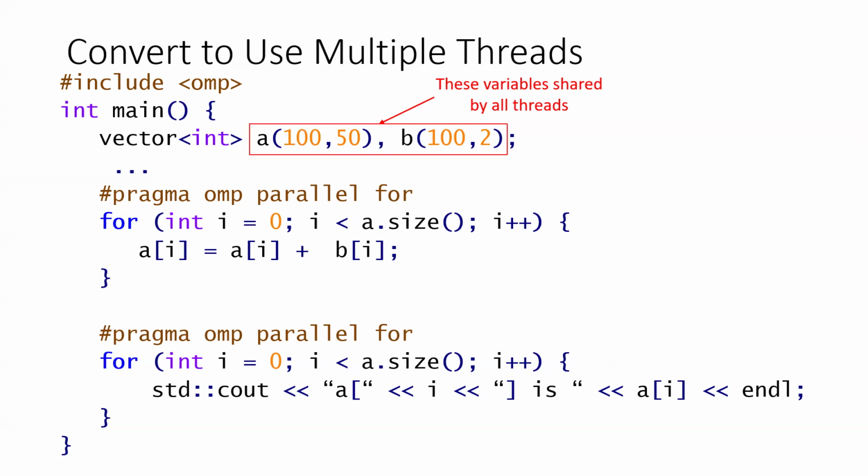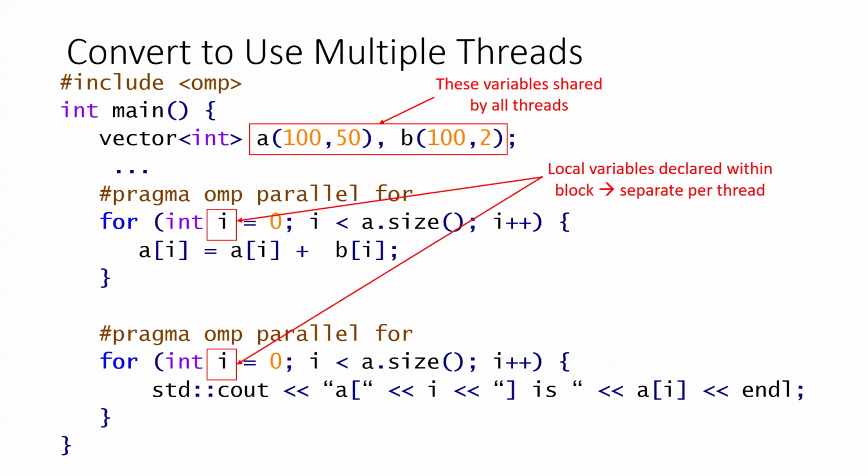You will just get weird results. I'll show you that later. Local variables like i that are declared within the for loop are separate per thread, so that's local per thread.